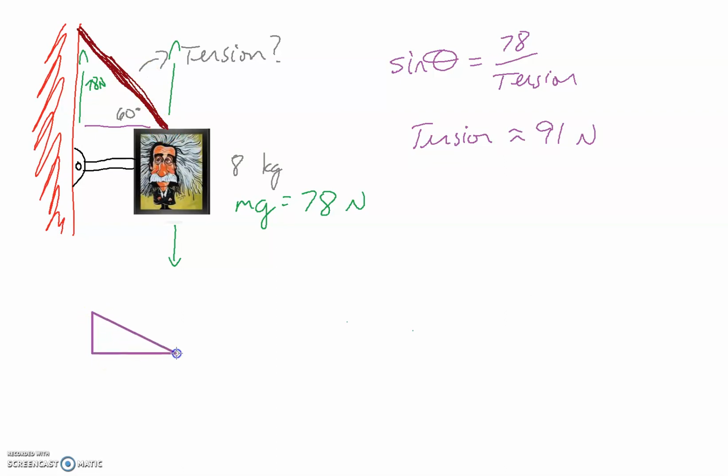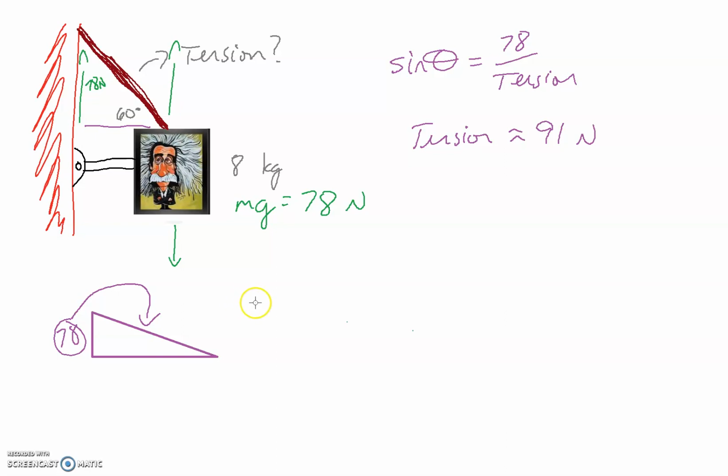If you took a cable at a really, really low angle, something like this, and we did the exact same question, well, the weight of the picture is 78, so this part here would be 78. If that little line represents 78, this is going to be a huge amount of tension in the rope or the cable.